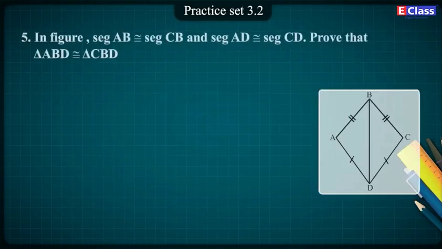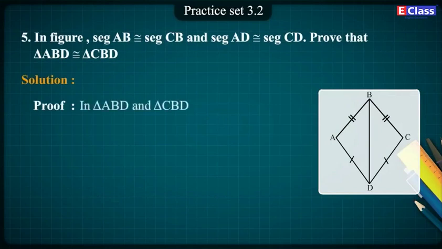Question number 5. In the figure, segment AB is congruent to segment CB and segment AD is congruent to segment CD. Prove that triangle ABD is congruent to triangle CBD. Solution. Proof.